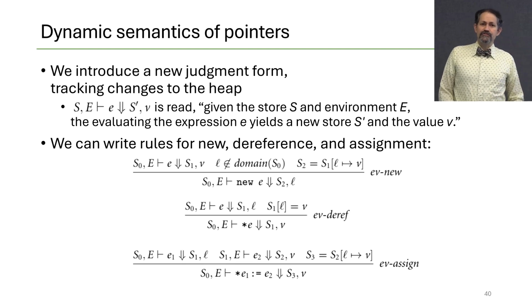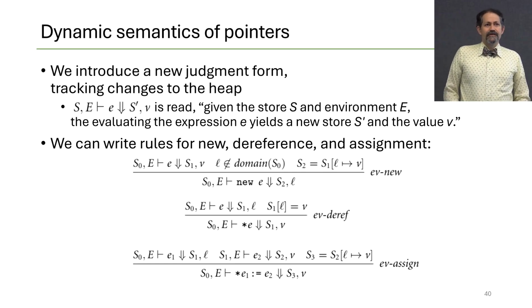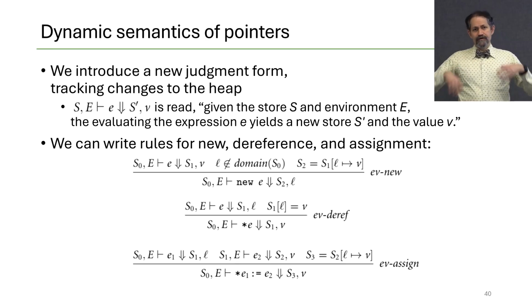We're going to choose a new location from the infinite set of possible locations. And then that will be our location for this new cell in the memory. So we update our store, we take store S1 and we extend it with a mapping from L to this value that we initialized the store with. And then we have S2, and that will be the resulting store after we evaluate expression new e.